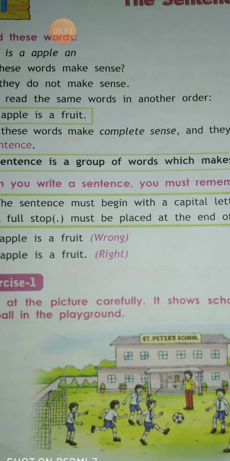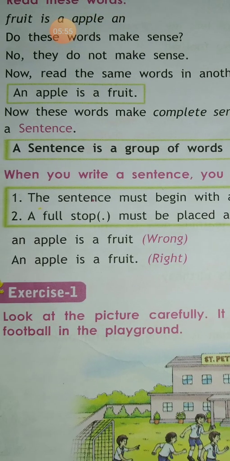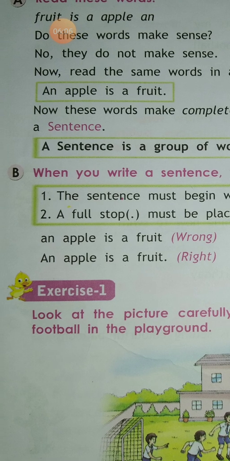See an example you can see here. Here it's written, an apple is a fruit. And that's wrong. Why? Because it has not been started with a capital letter in the beginning, and a full stop is not kept at the last. But below that is another sentence, An apple is a fruit.